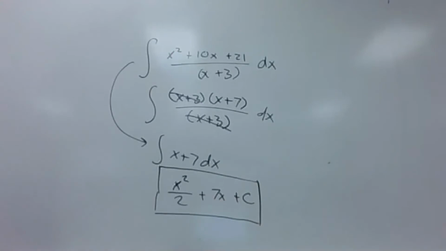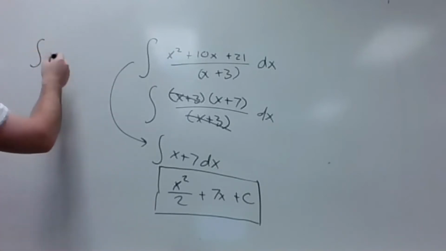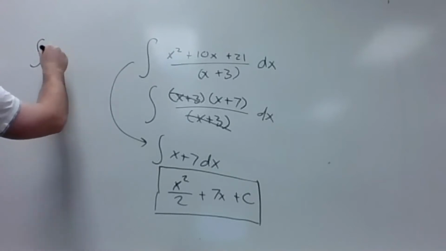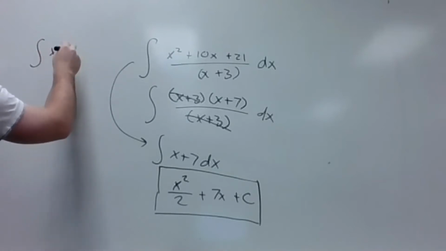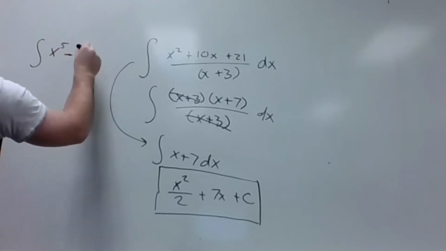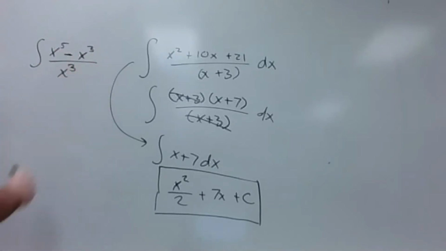So this is just one example. Other examples of rewriting a problem algebraically could include something like the integral of x to the 5th minus x to the 3rd all over x to the 3rd.